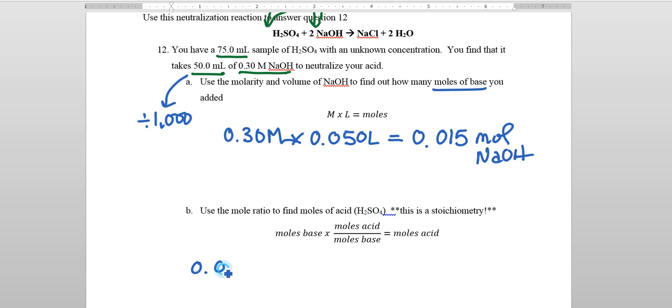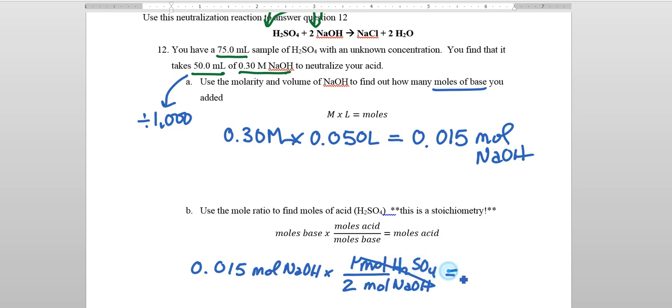So 0.015 moles NaOH. And if I look up here at this ratio, it takes 2 moles NaOH to react with 1 mole H2SO4. That is my mole ratio that I'm finding from the balanced chemical equation. These are the coefficients from the chemical equation.